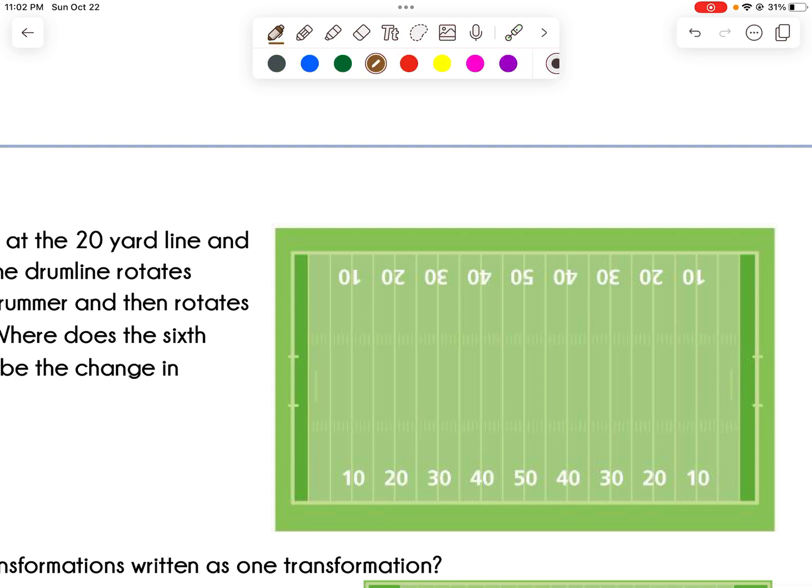So first drummer is at the 20-yard line, and the last drummer is at the 35-yard line. So 35 right here. And if you counted, there are 4 drummers in between in this drum line. All right, so they're all right there.